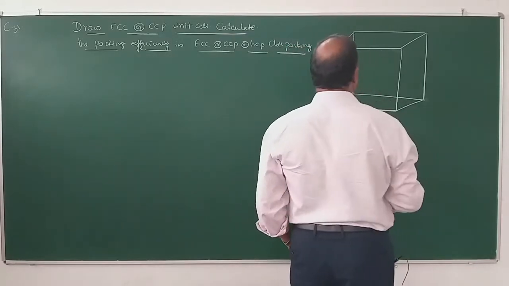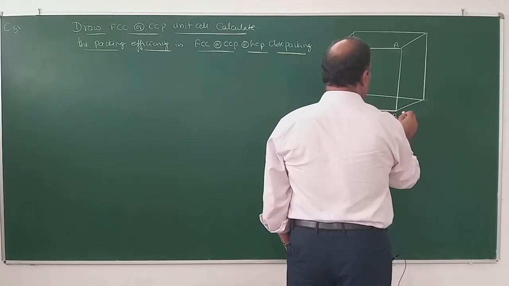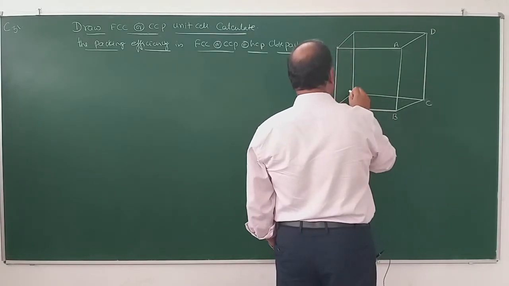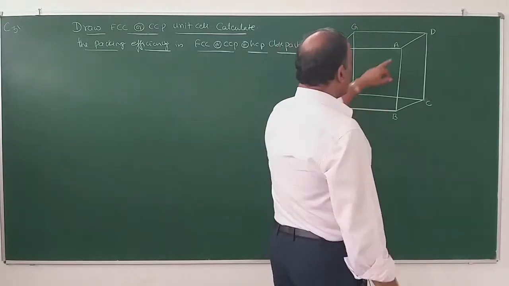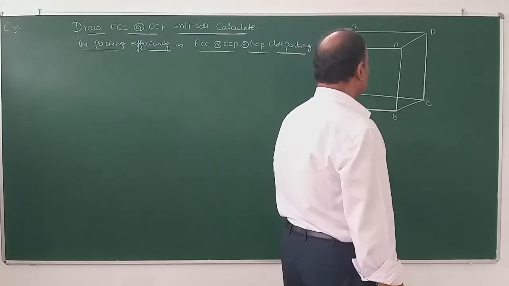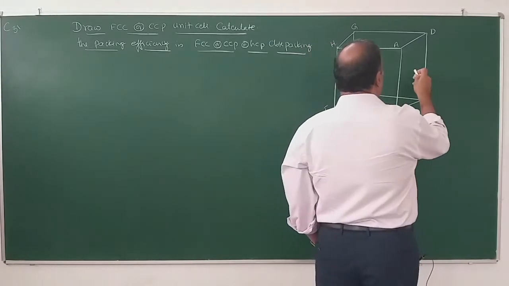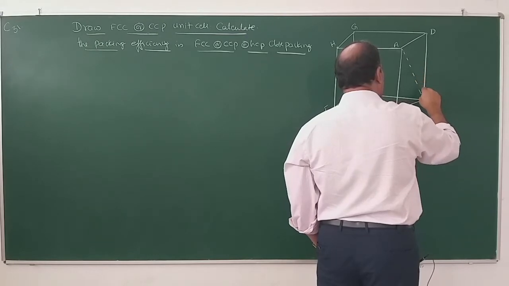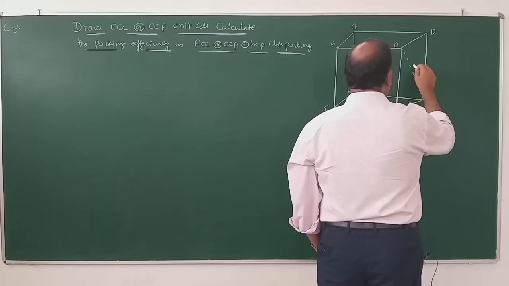This is the simple cube; you mark this as A, this one is B, this one is C, and this one is D, then E, F, G, and H. So, in the FCC structure, this is the face diagonal.